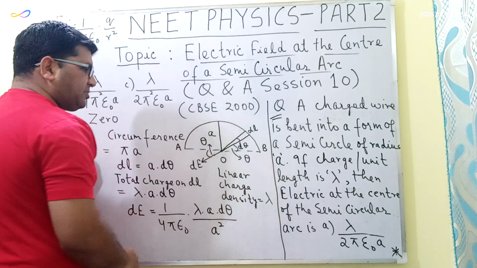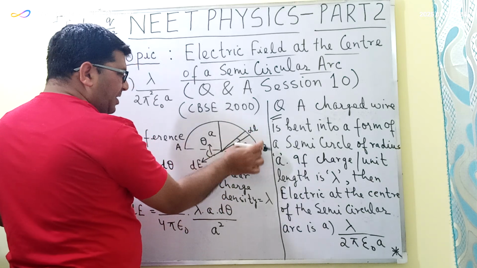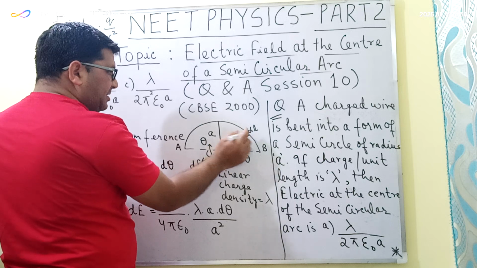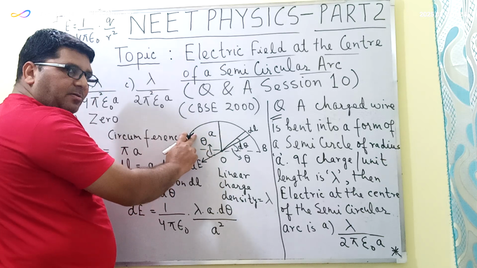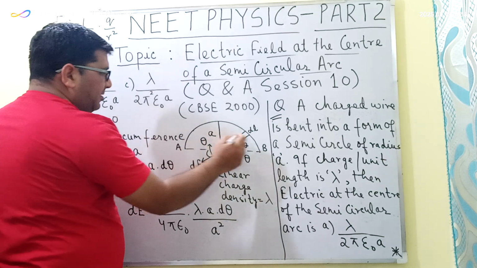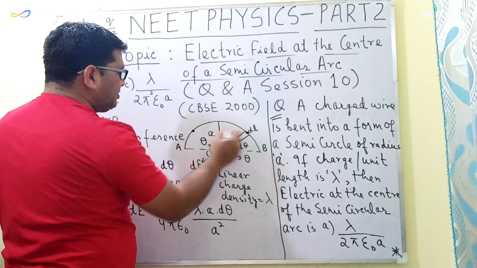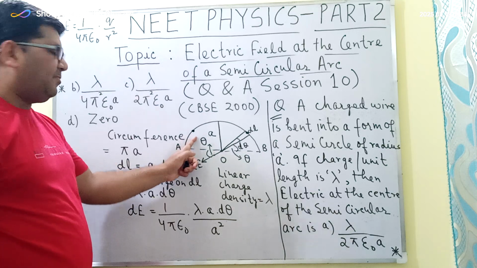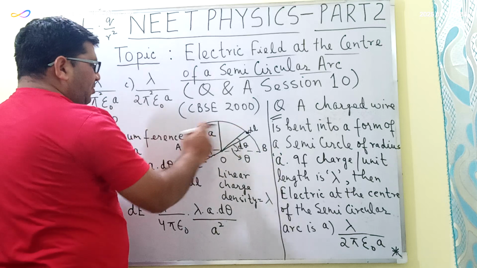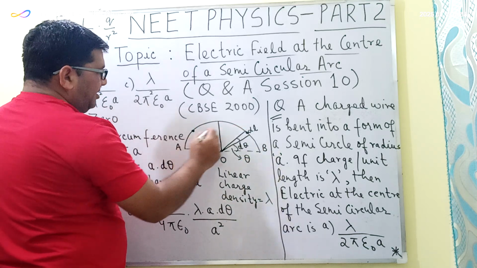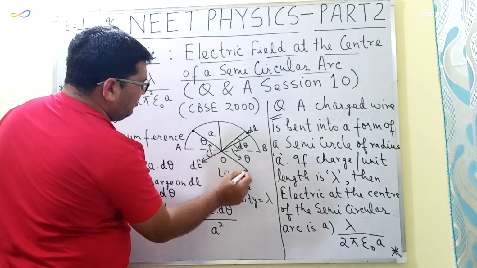Now since the charge distribution is uniform, if there is one element dl in this quarter circle, then there will be exactly another element dl in the other quarter circle, exactly opposite, or in front of this element dl. So because of this element dl, the electrical field at this point O will be directed like this.